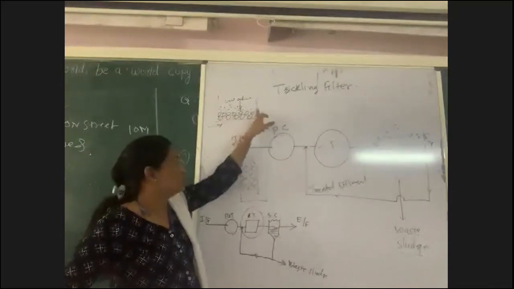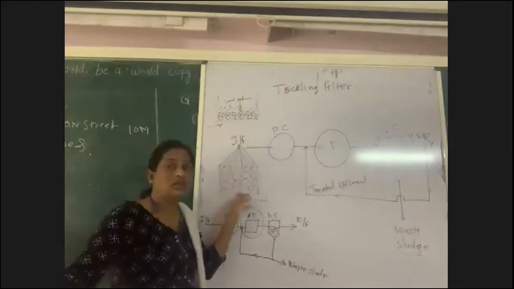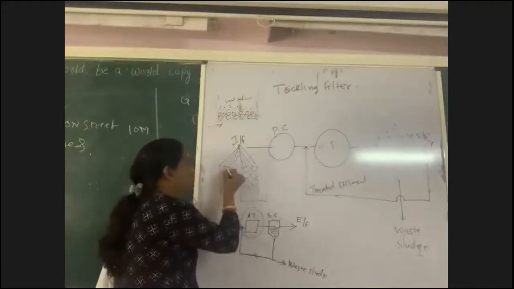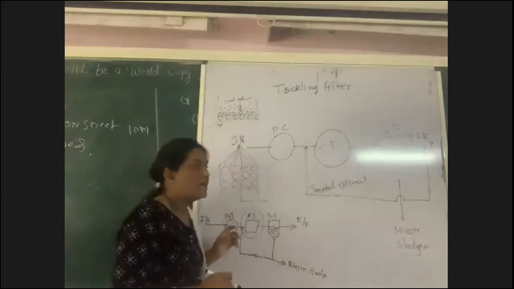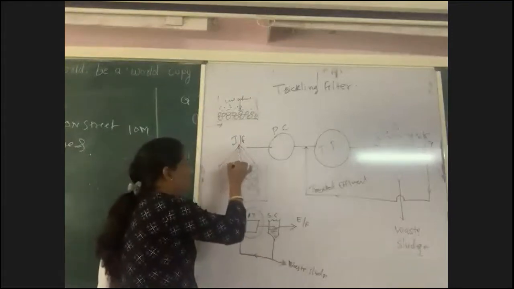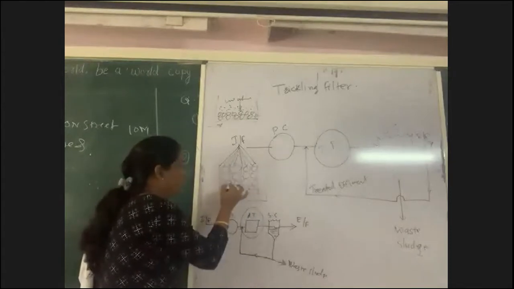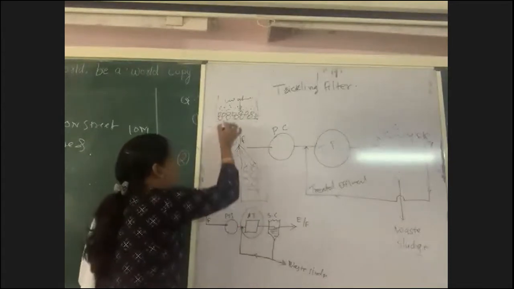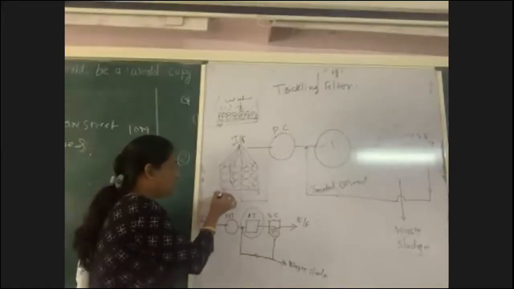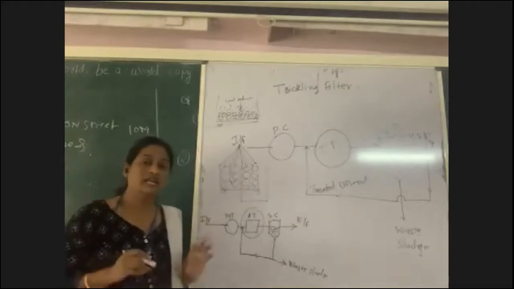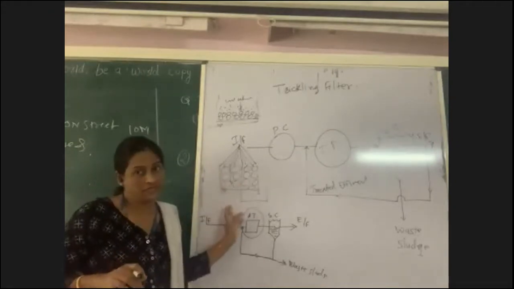So instead of that, in a trickling filter for the filtration process, we are using rocks, and we are sprinkling water at the surface, and then it will percolate. And again, the way we designed the under drainage system here, an under drainage system will be there, and it will collect the treated effluent.